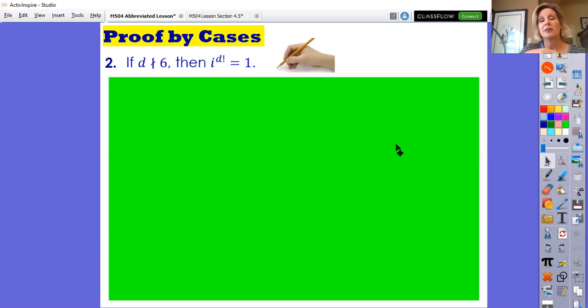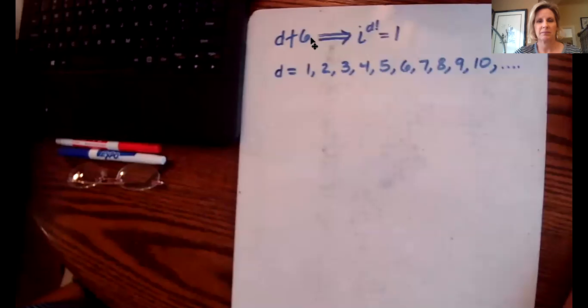Let's look at a proof by cases problem that has something to do with math. If d does not divide 6, then i to the d factorial power equals 1. How about we look at scratch work? Now, I want to remind you that if d divides or does not divide into 6, we need d to be a positive integer.